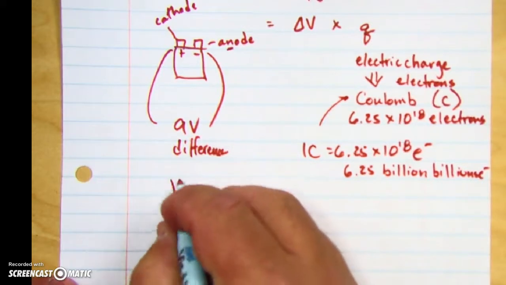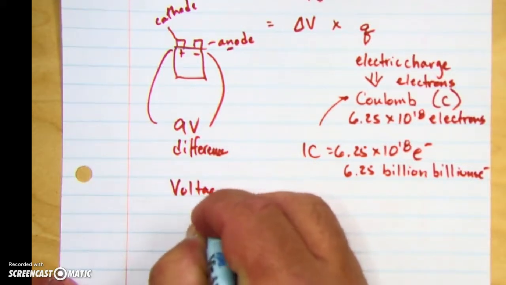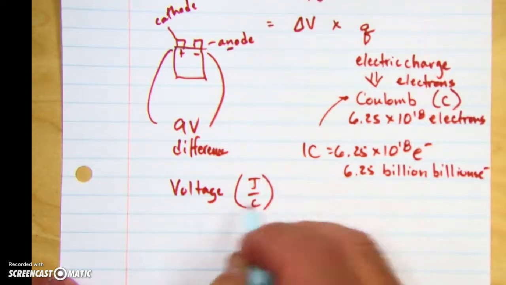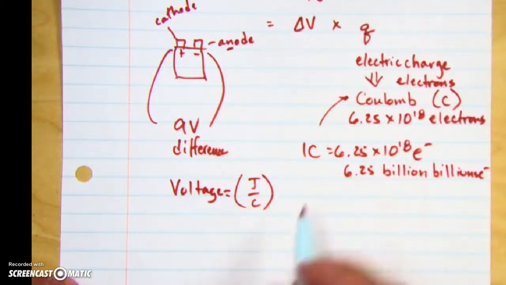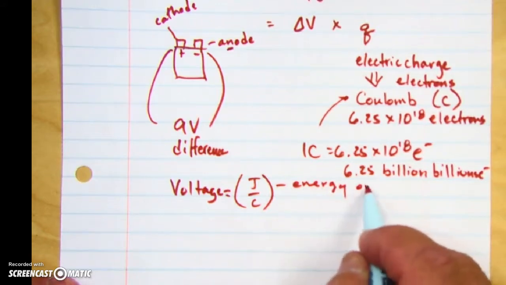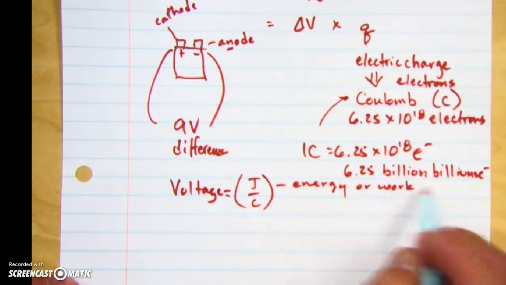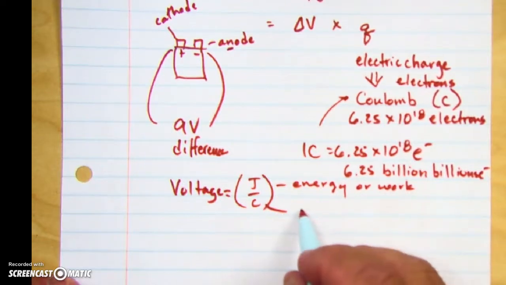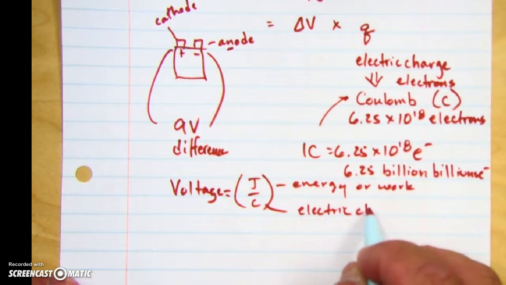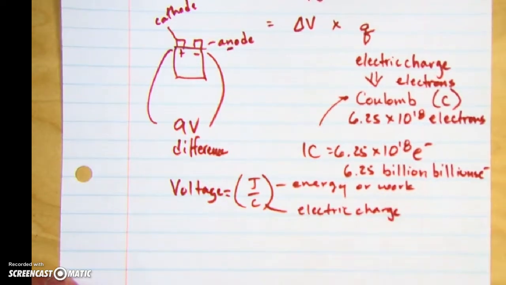Voltage breaks down to something else. A volt is actually a joule per coulomb. A joule is a unit of energy or work. And of course, a coulomb is the amount of electric charge. So voltage is a combination of both of those.